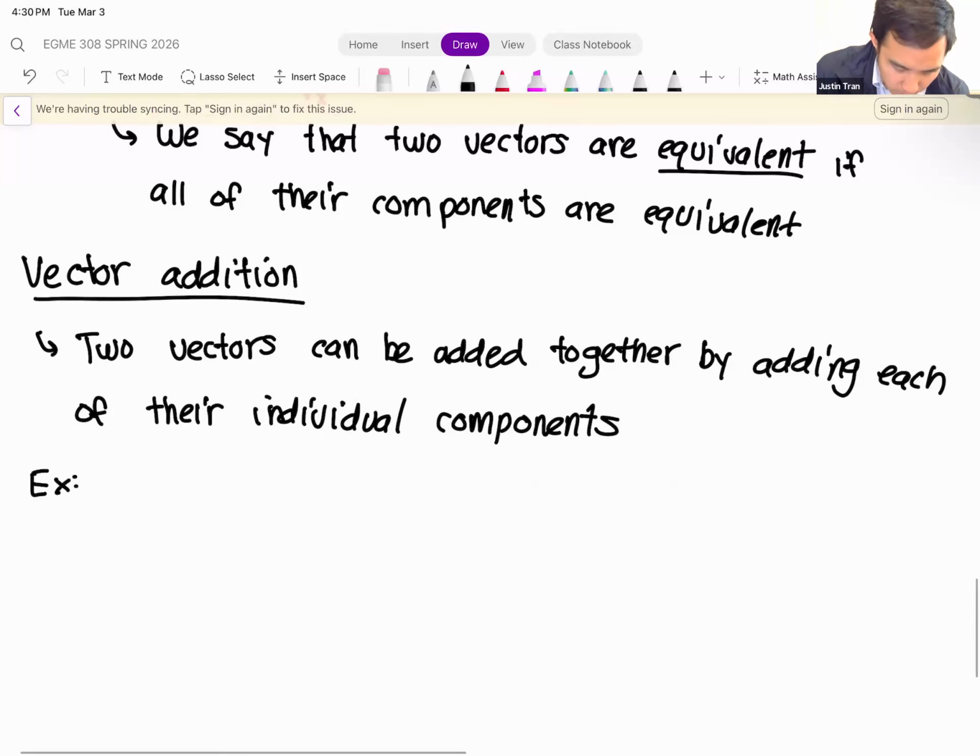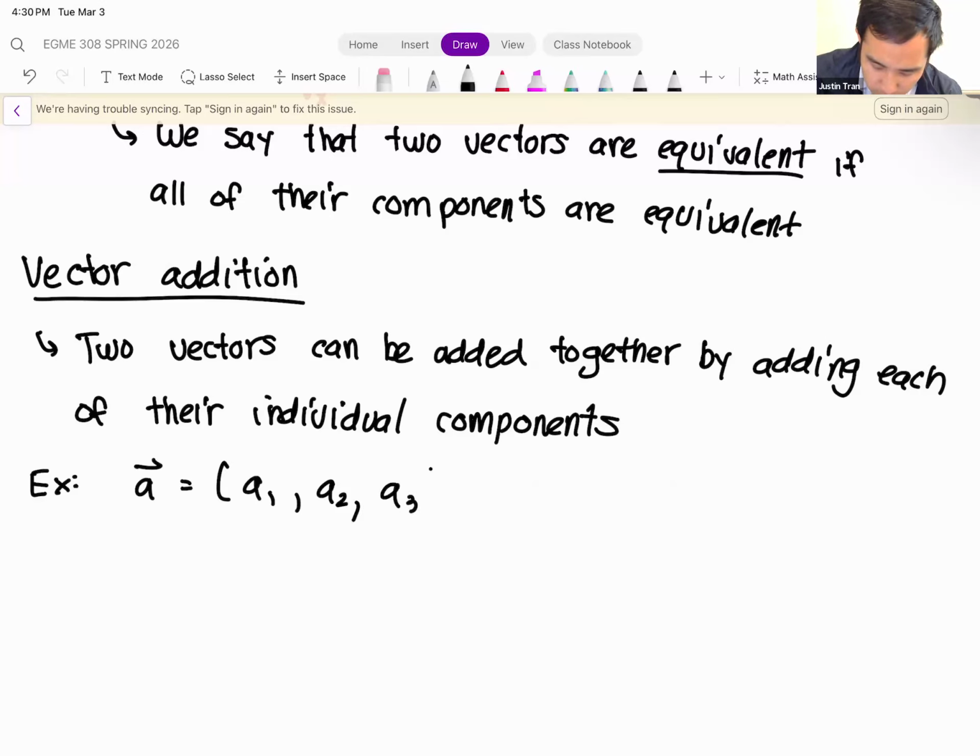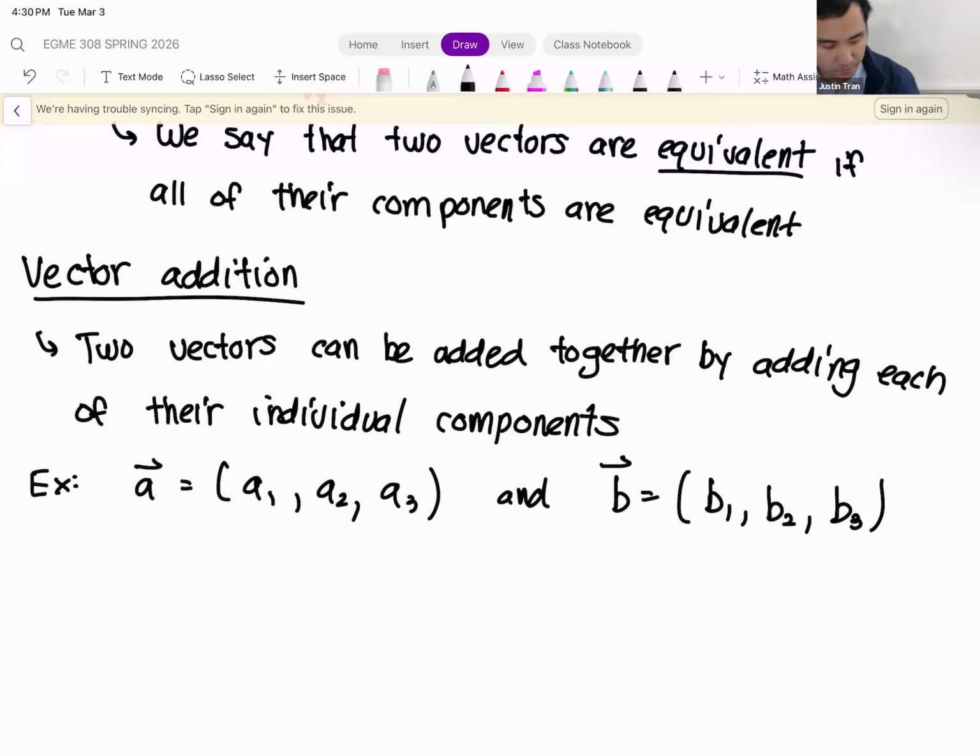This is kind of how you do it. Let's say we have a vector A, and it has three components, A1, A2, A3. And we have some vector B. Its components are B1, B2, B3.